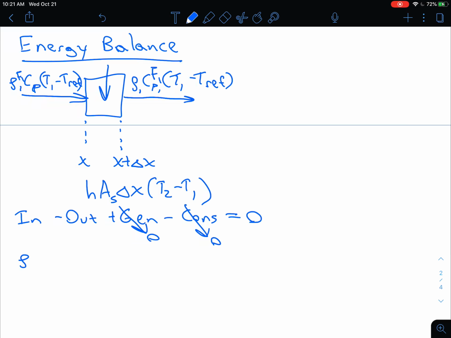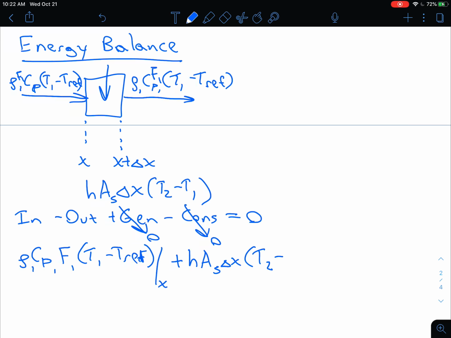So rho CP F T1 minus T ref evaluated at x, plus the other input is going to be H A sub S delta x T2 minus T1.